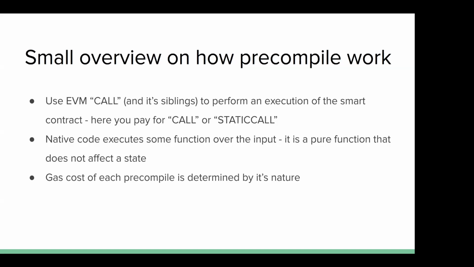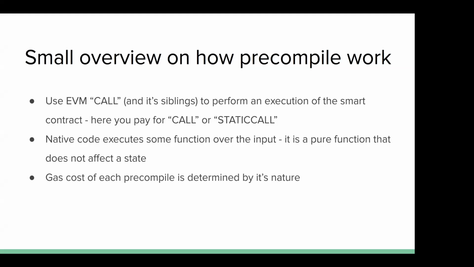One interesting thing about them is there is no code under these addresses, but whatever you send as input when you perform a call or a static call in EVM is just directly fed into the native function. And this function is pure, so it means that there is no access to disk and there are no IO operations, which are quite expensive in Ethereum right now.